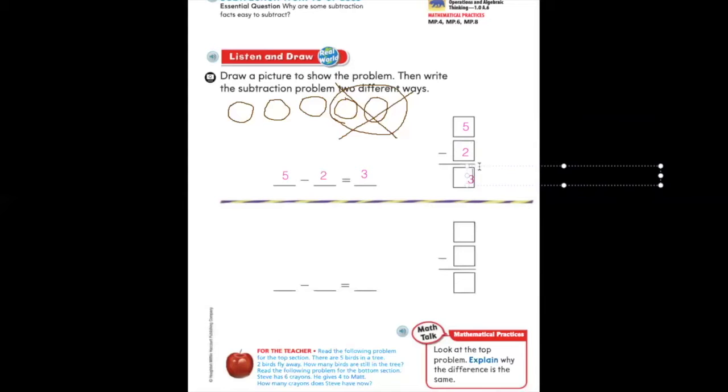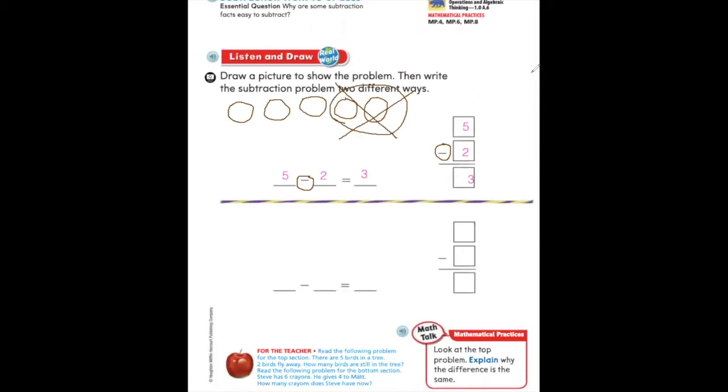So taking a look at these 2 ways that we wrote our subtraction sentence, how are these 2 subtraction sentences alike? You might be noticing that they both have a minus sign and they both use the same numbers. But how are the 2 subtraction sentences different?